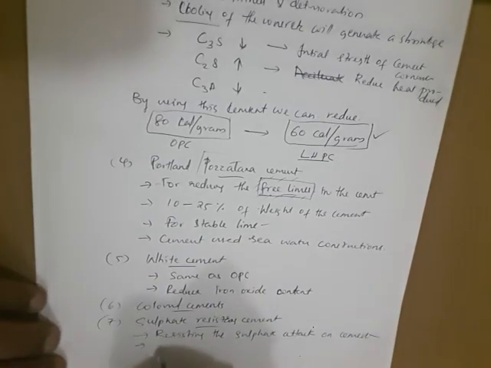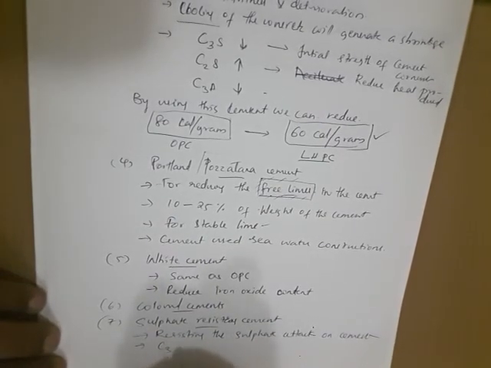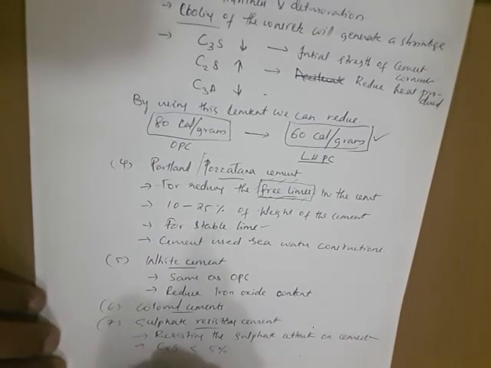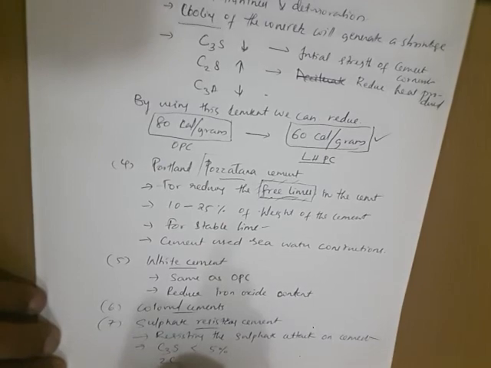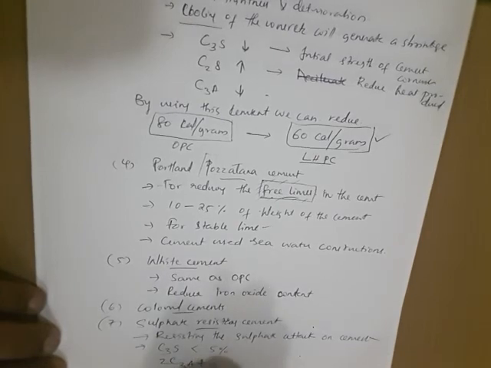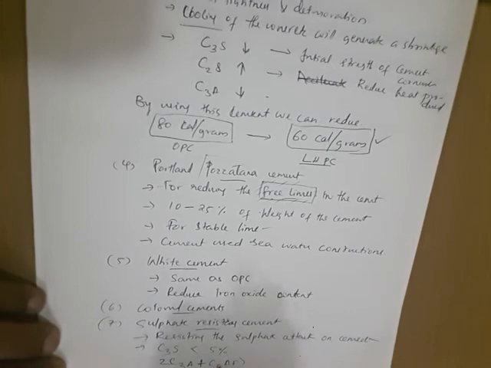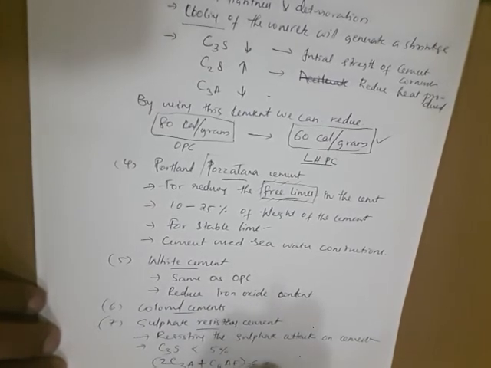It is produced with tricalcium silicate less than 5%, and a different proportion where 2C3A, 2 tricalcium aluminate plus tetracalcium aluminoferrite, will be less than 25%.